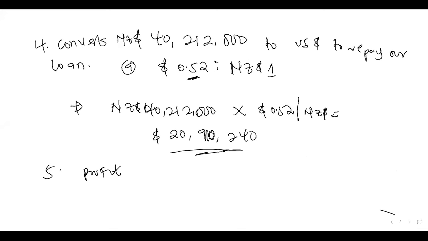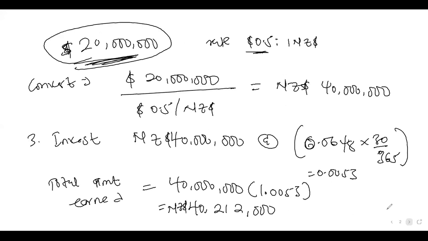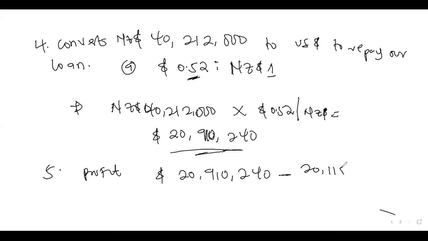Your profit from this speculation will be the 20,910,240 that you've earned from your investment minus the owing of 20,118, so this will be the total amount you would have earned. That would be $79,240. So this will be your profit.